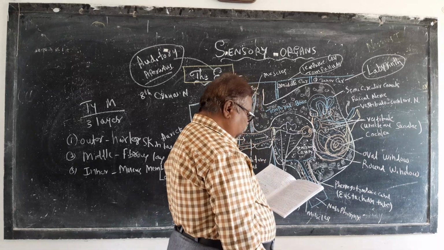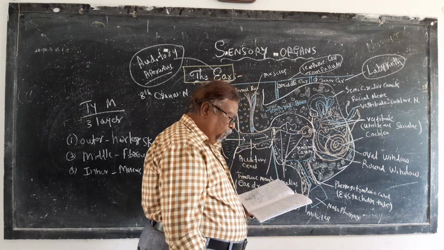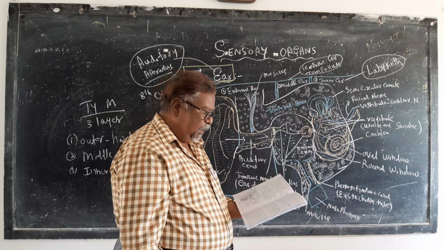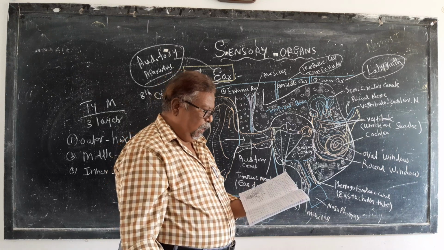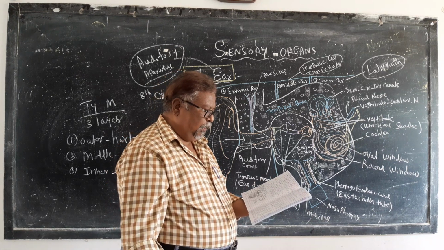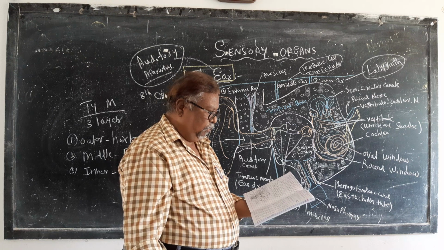Now the vestibule is an expanded oval bony chamber present near the middle ear. The oval and round windows are located on the lateral wall.